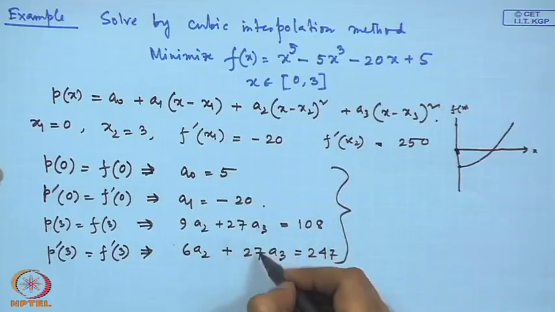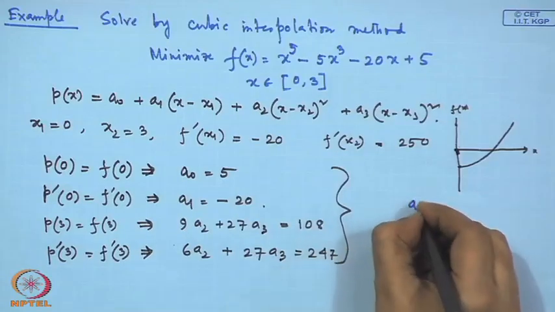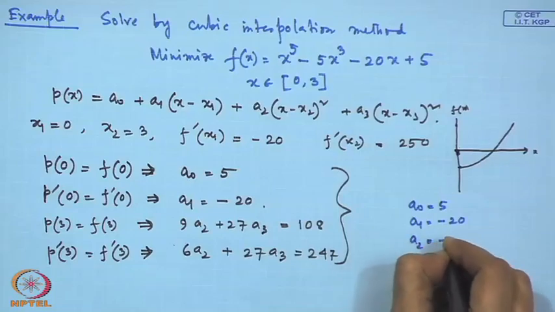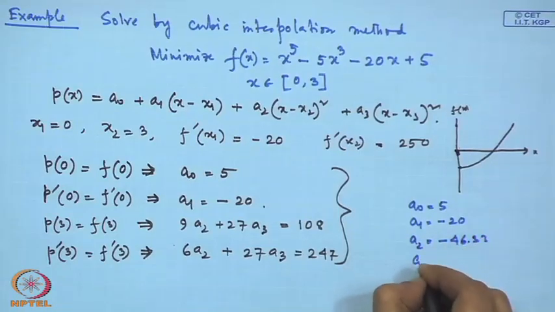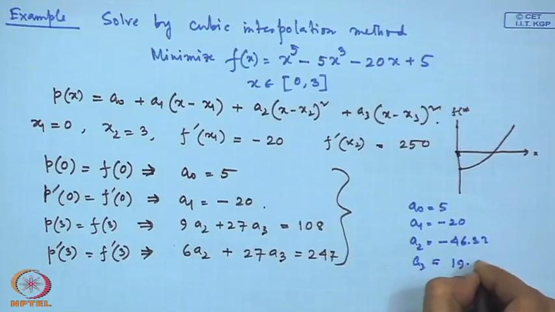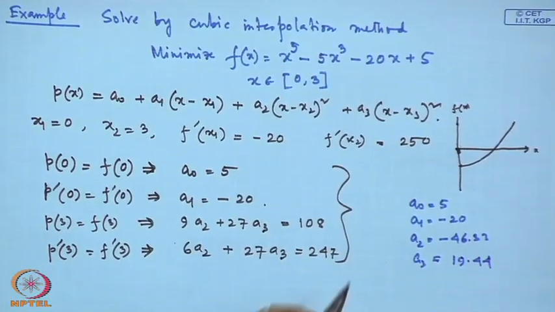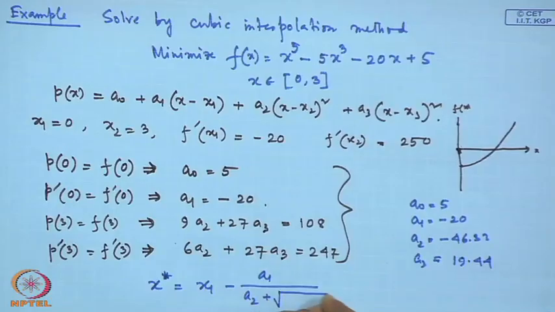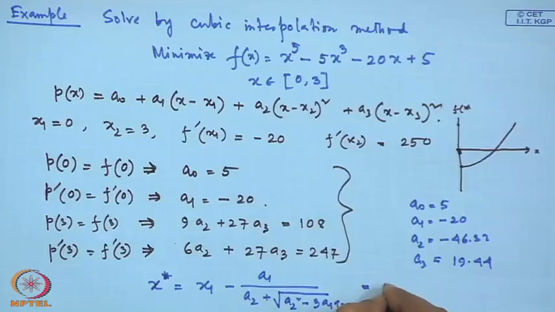Now, we have two equations and two unknowns, and from here we will get the values A0 as 5, A1 as minus 20, A2 as minus 46.33 and A3 equal to 19.44, and we will calculate x star here: x1 minus A1 divided by A2 plus root over A2 square minus 3 A1 A3, and this value is coming as 1.83.